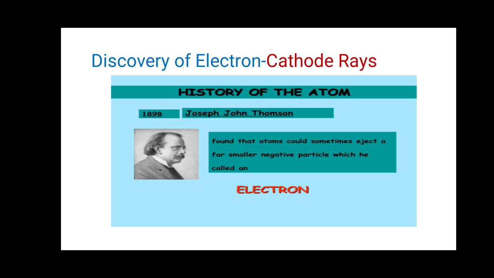Discovery of electron, history of the atom. Sir Joseph John Thomson found that the atom could sometimes eject a far smaller negative particle, which he called an electron.